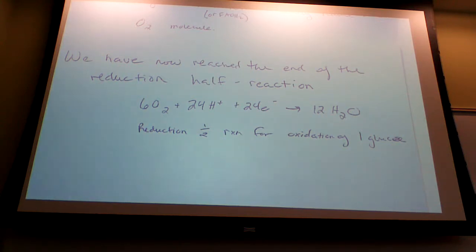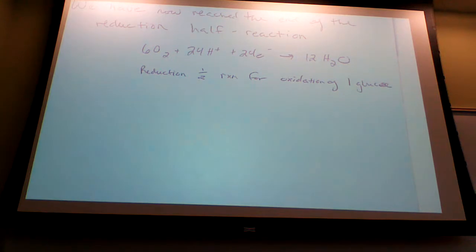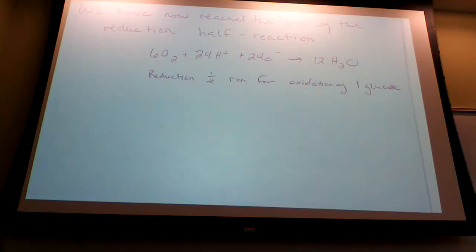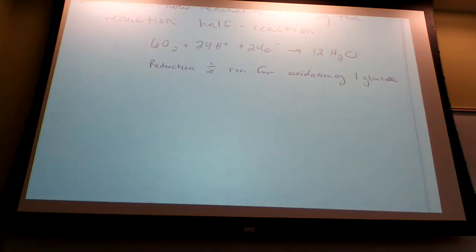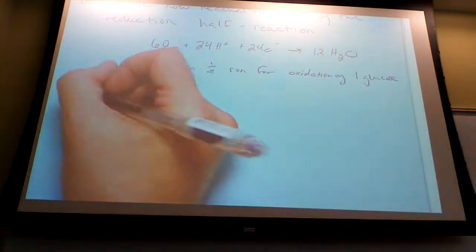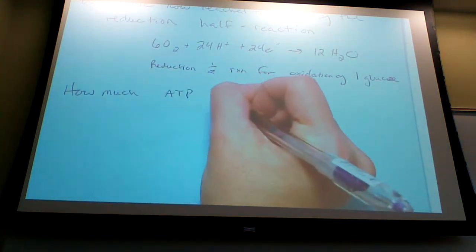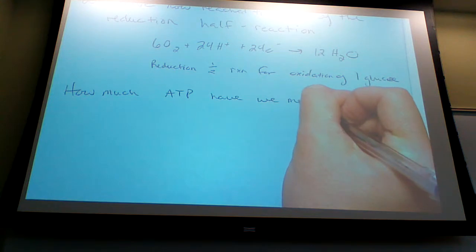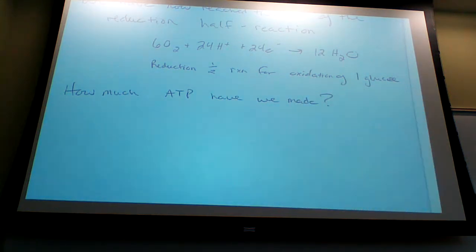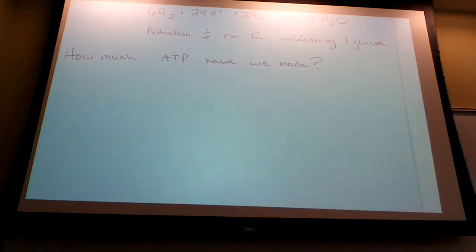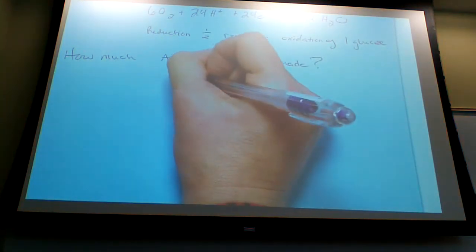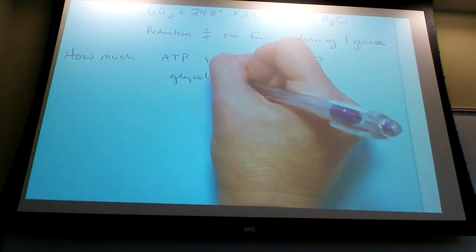How much ATP have we made? 32. We've made some. How much did we make in glycolysis?